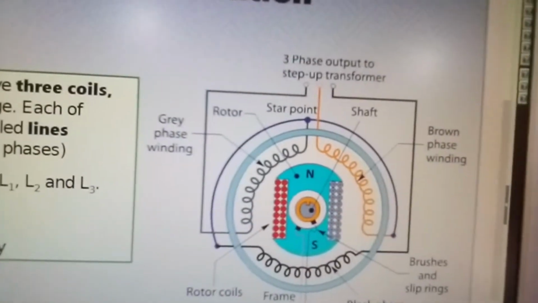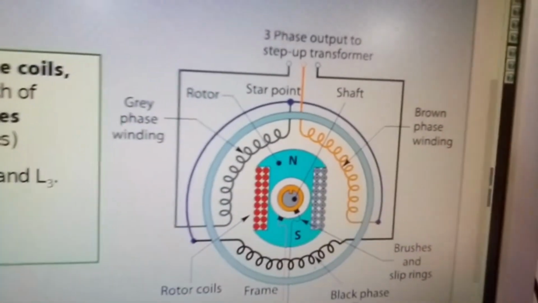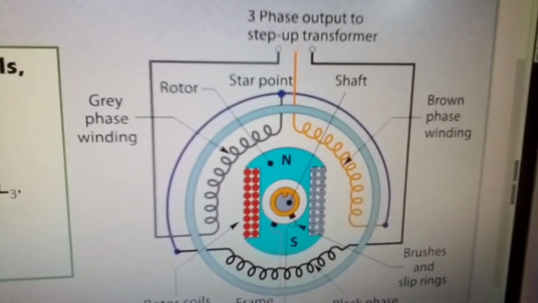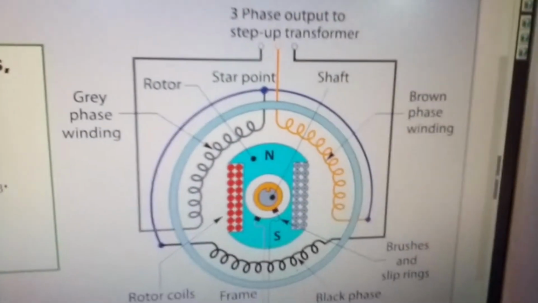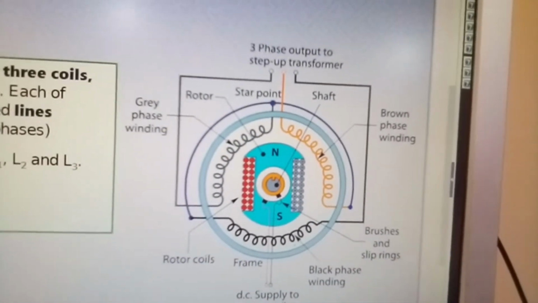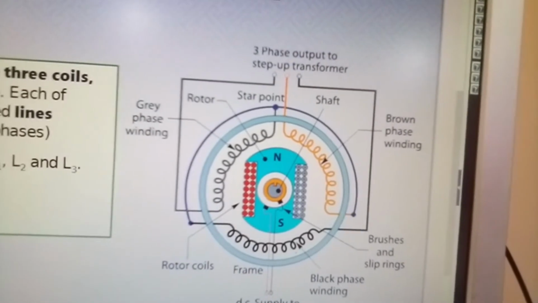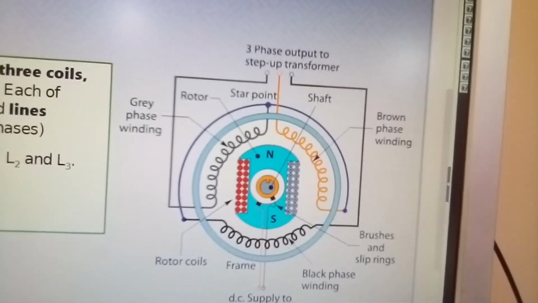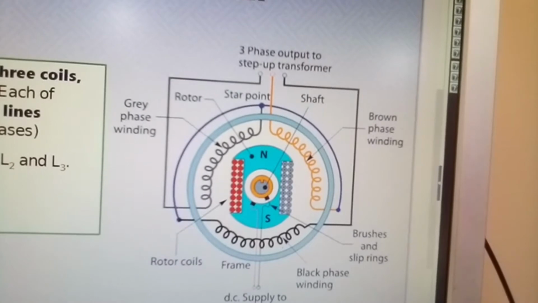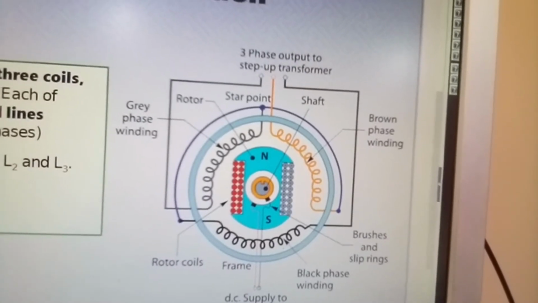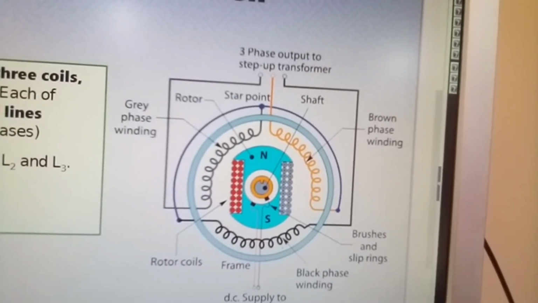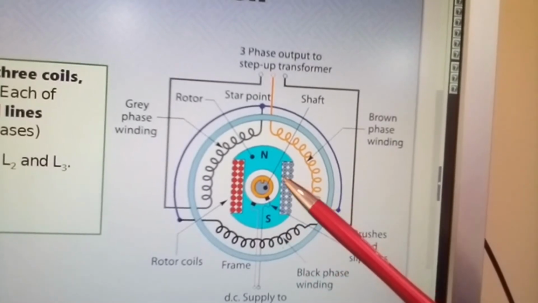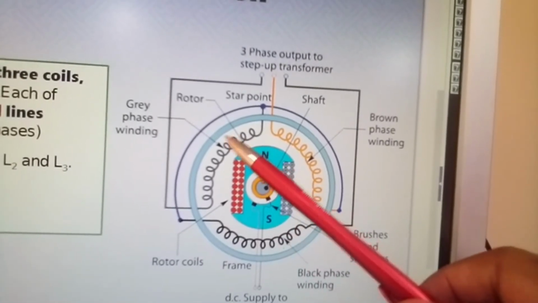And that is your alternator, how it is wired up. You can see here your rotor coils, field coils.